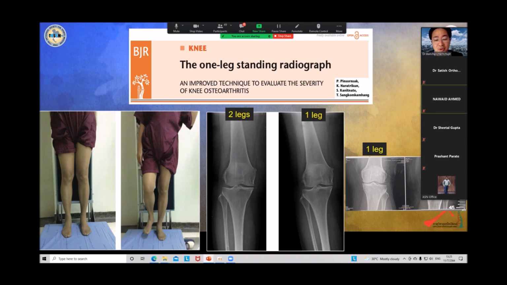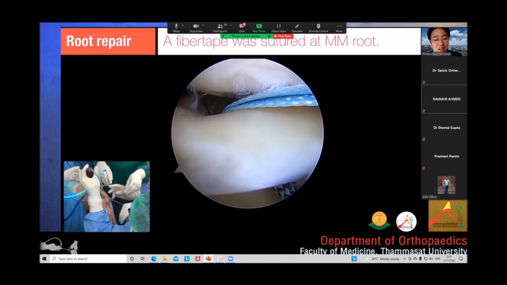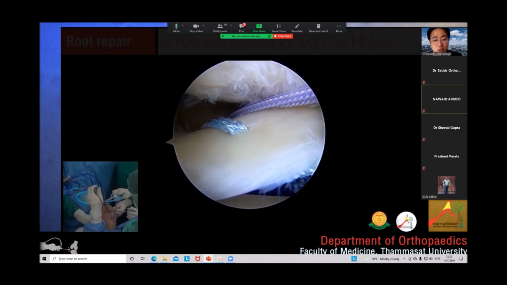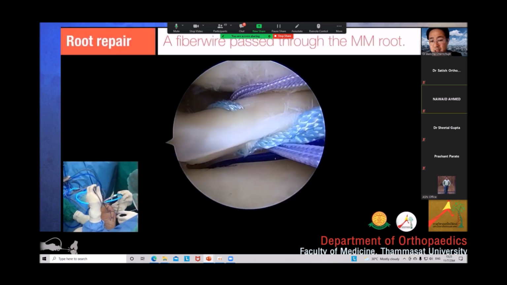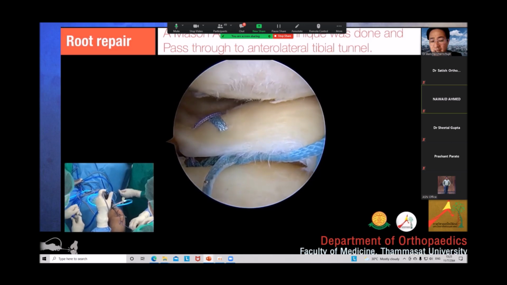So we found that with the one leg standing view, you can see the patient's axis better. Like this patient has good alignment, but on the one leg standing view, the joint space is narrower compared to the other side. In this situation, I will do not just a root repair; I need to do axis correction if the patient has joint space narrowing and also some cartilage damage.